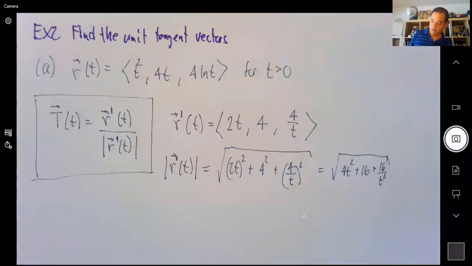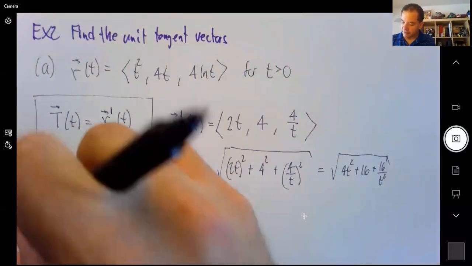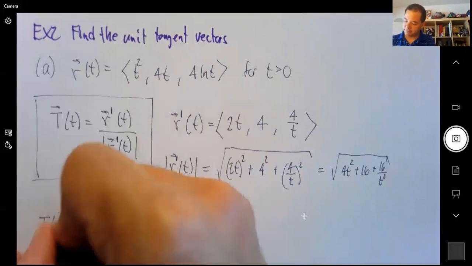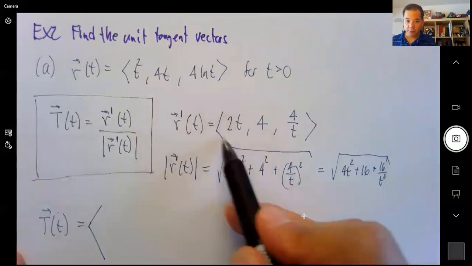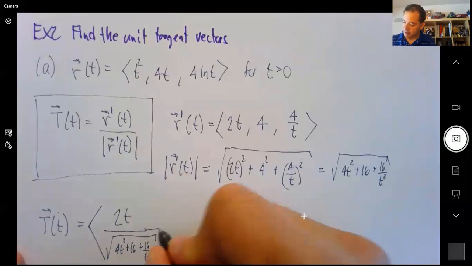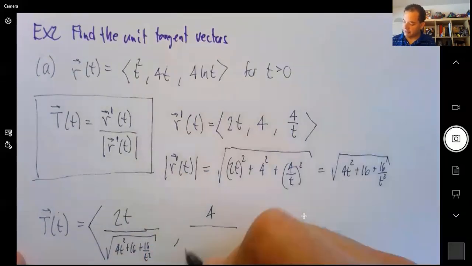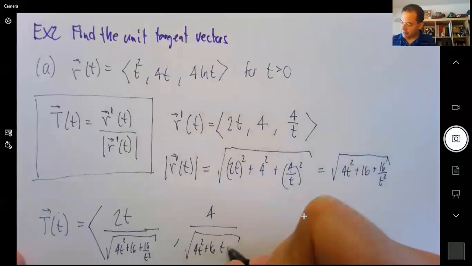So we're now ready to write down the answer. What's the answer going to be? Here it is. We want the unit tangent vector. So it's the first component divided by this magnitude, comma, next component divided by this. Now in the book, they simplify this a little bit.